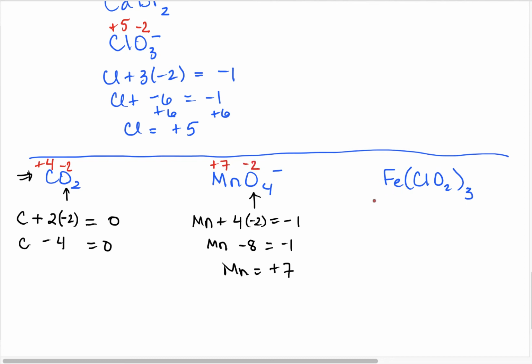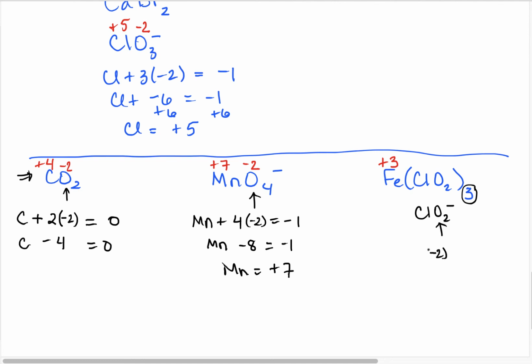All right, over here to the iron compound. Now, let's check this out. We know that ClO2 has a -1 charge, and there are 3 of them, so that means we can already realize that the iron is going to have a +3 oxidation number on it. And now when we look at the ClO2, we're back to dealing with oxygen again.